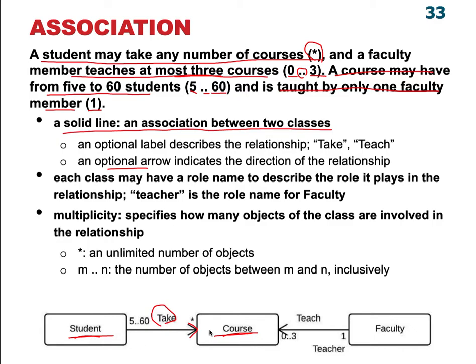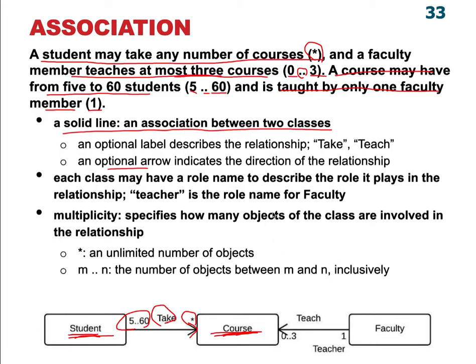Then on each class side, how many objects are possible is specified. A student may take any number of courses, so we put a star because an unlimited number is specified. But a course can have only 5 to 60 students, so 5 dot dot 60.